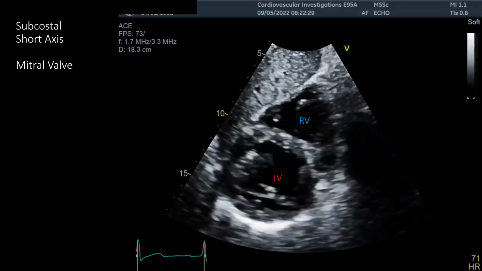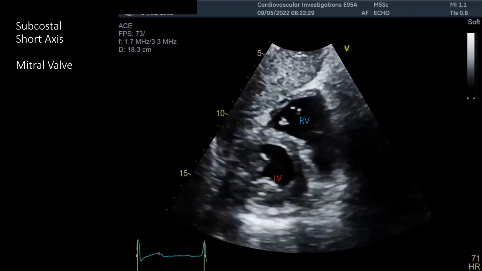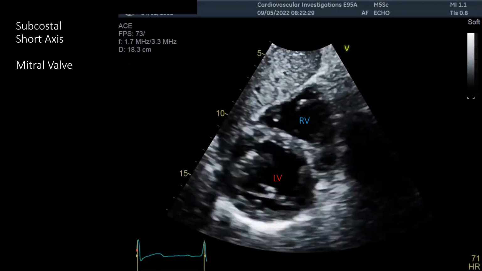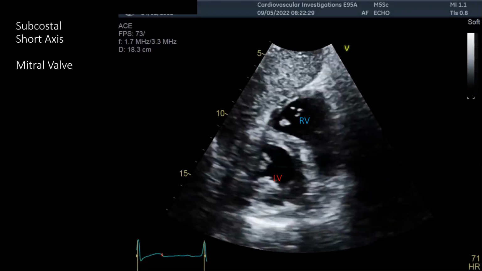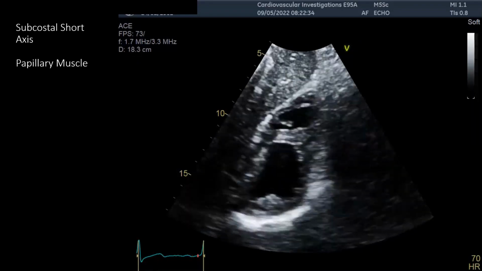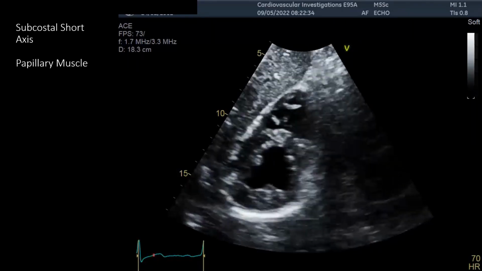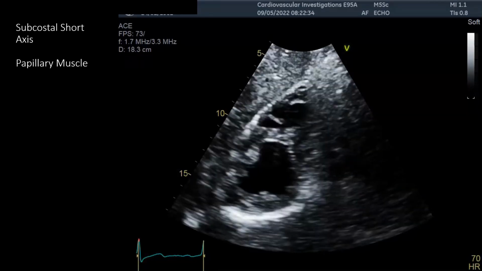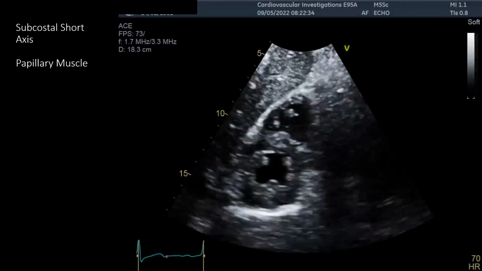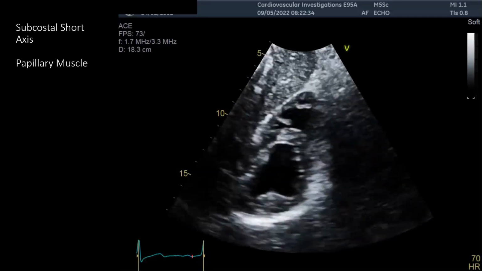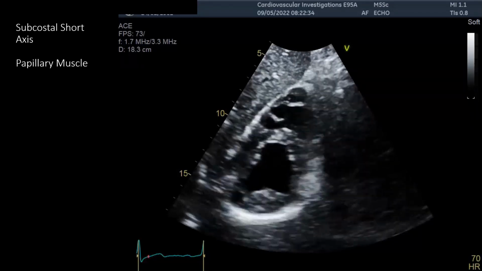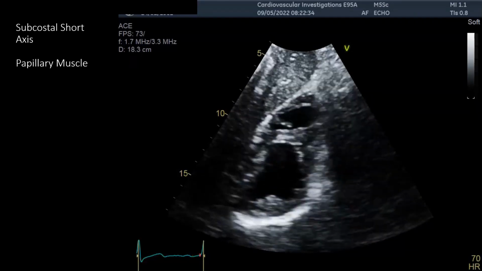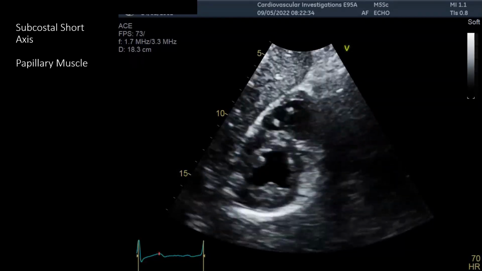And in short axis, now at the level of the mitral valve, we see the left ventricle posteriorly and the right ventricle lying anteriorly. Pan down now beyond the mitral valve level to the level of the papillary muscles, and we can make some visual assessments of LV function and the size of the two chambers relative to one another on this view, particularly again if the parasternal views are inadequate.